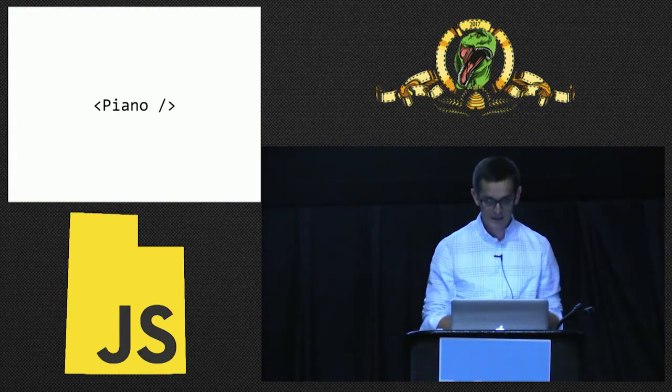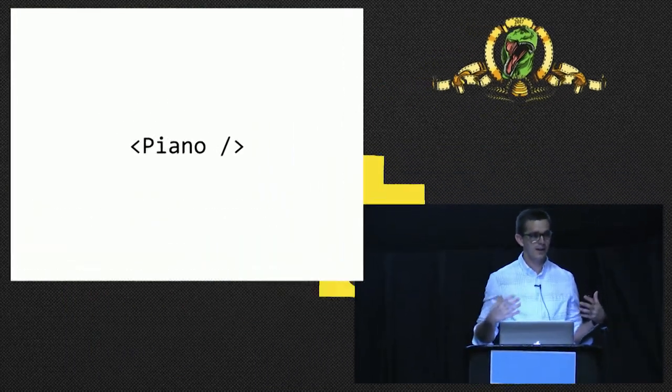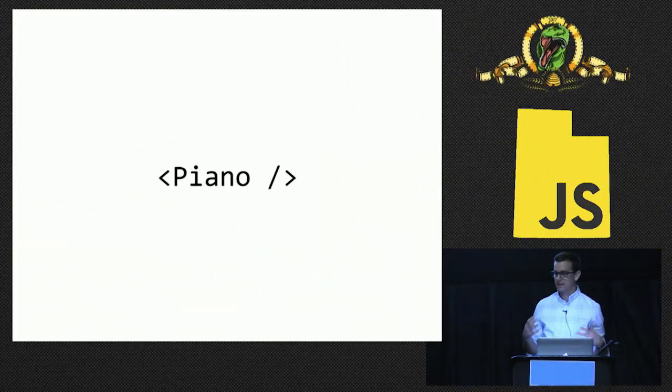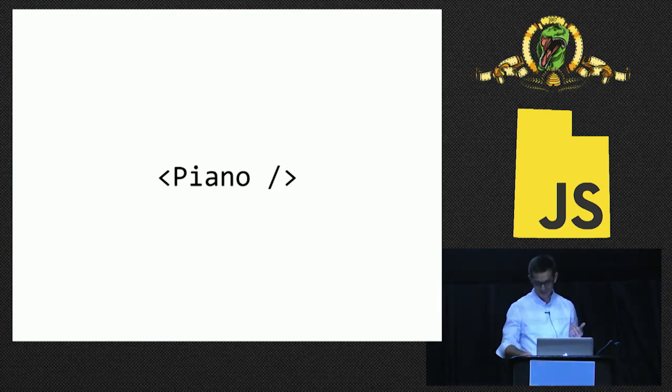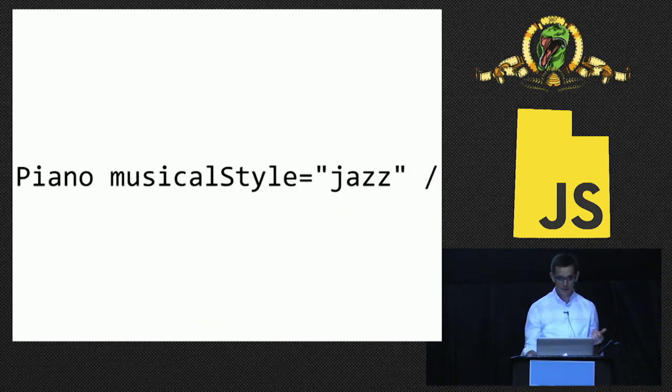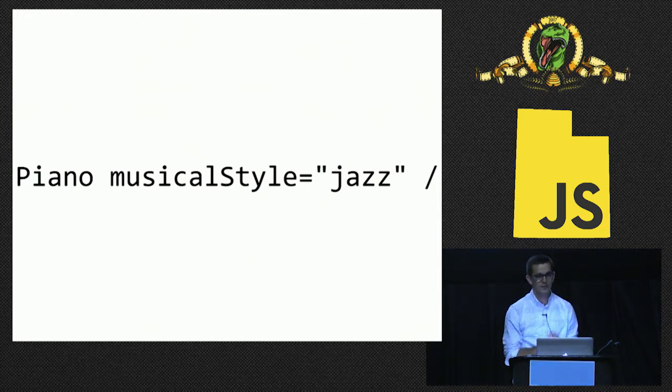So it's a piano. If we were going to make a component out of this piano, it would probably look something like this, right? But then, what if we want a different song? Not that, again, all day long. But what if we wanted some jazz? We got to add an option for some jazz, and now it plays jazz. And what if that jazz is just not in the right key?